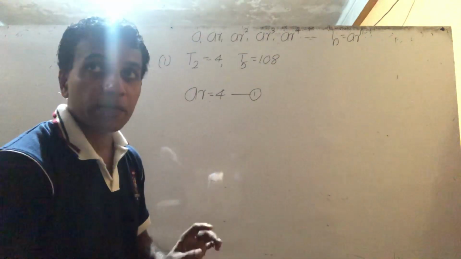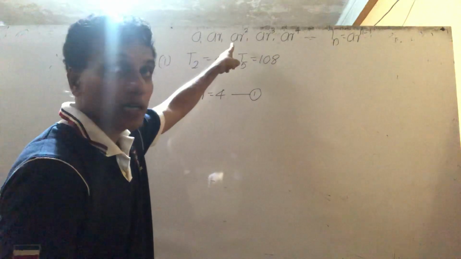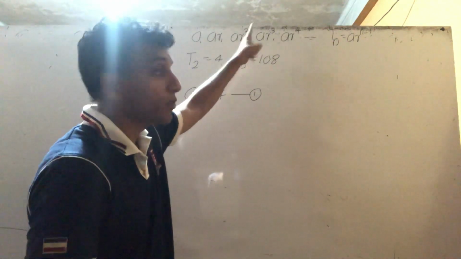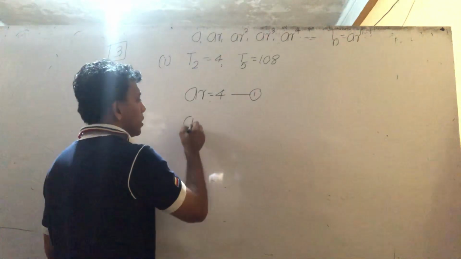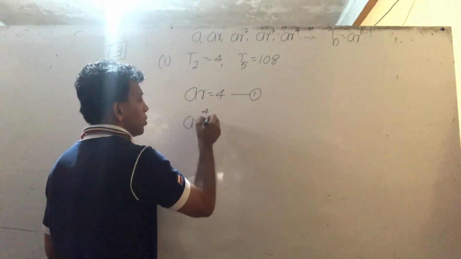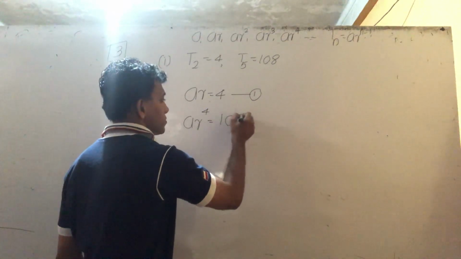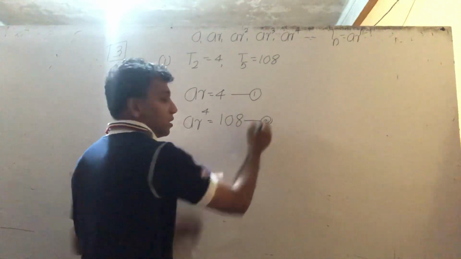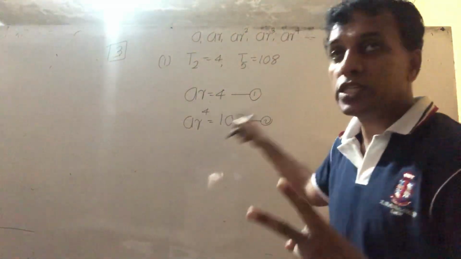The fifth term: the first term is a, second ar, third ar squared, fourth ar cubed, fifth ar to the power 4. This is 108. That's all; we get one mark for each equation.